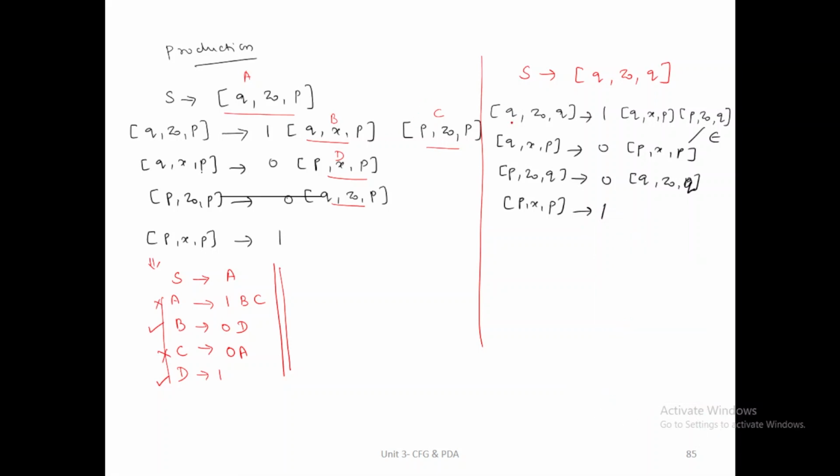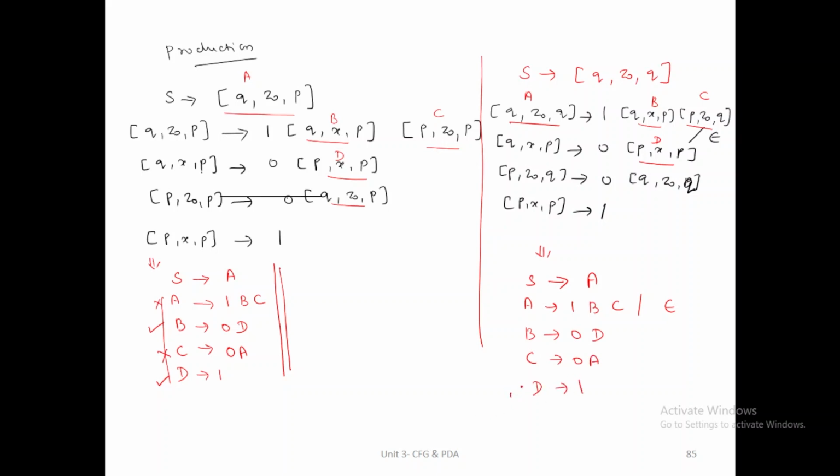So now I consider this as capital A, this as B, this as C, this as D. We can write the starting symbol S implies capital A, A implies 1BC or epsilon, capital B implies 0D, C implies 0A, D implies 1.